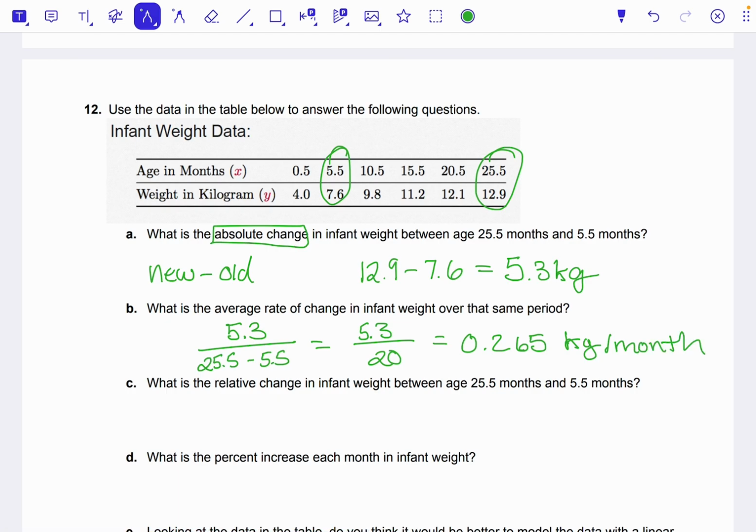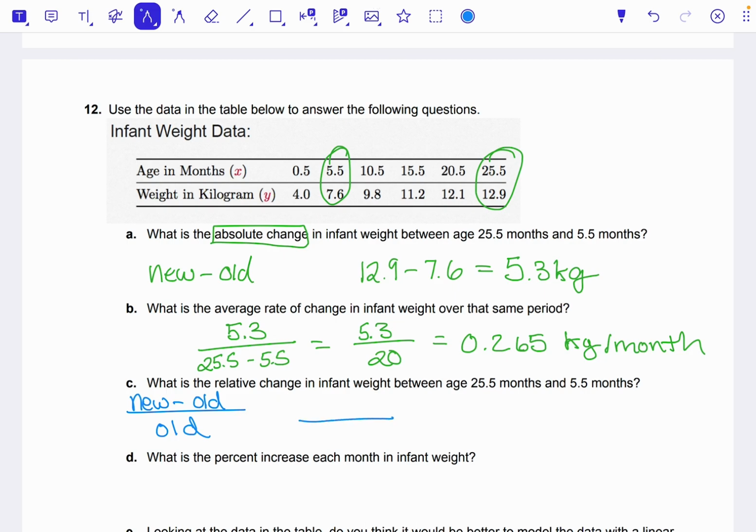Now we want to do the same, but we want to find a relative change. So if we remember, our relative change is going to be the new minus old, our absolute change, but then divided by, not new, divided by our old value, and then turned into a percent.